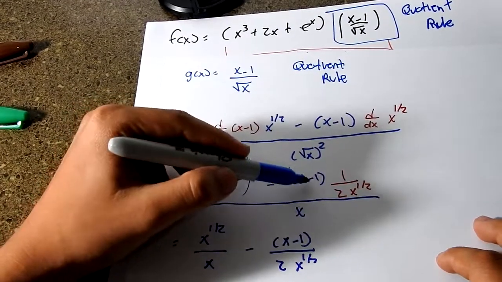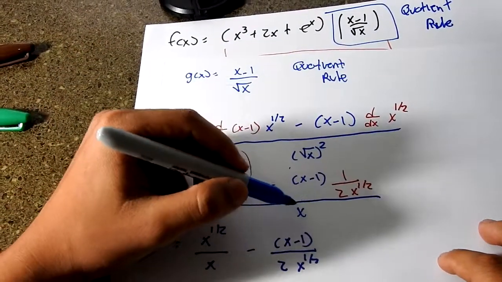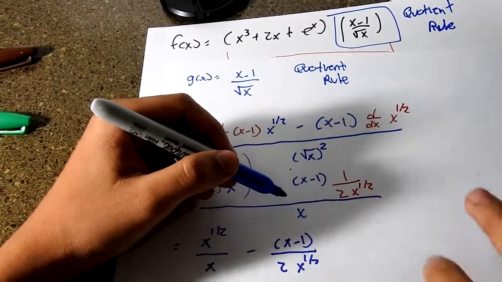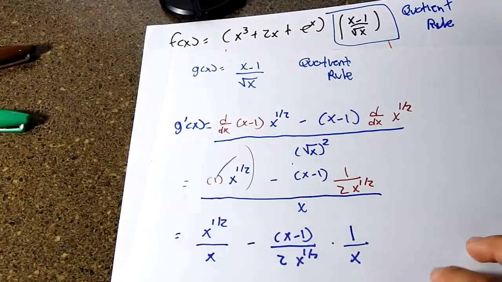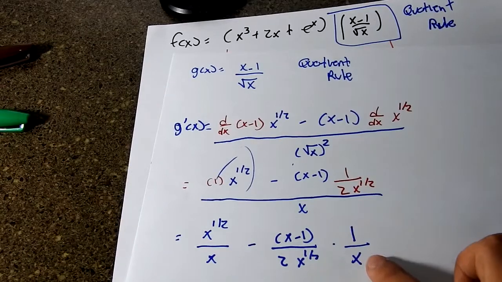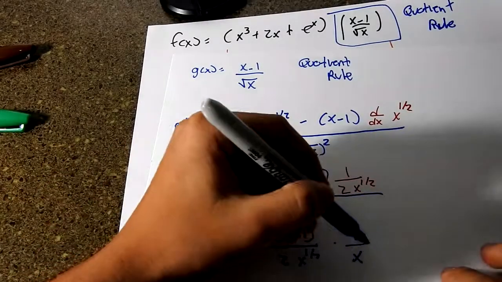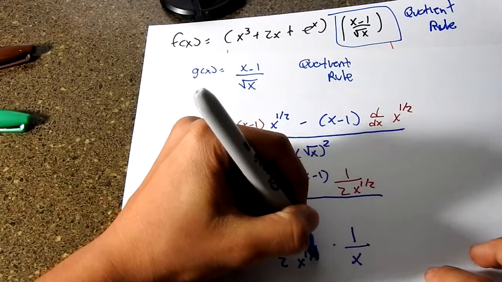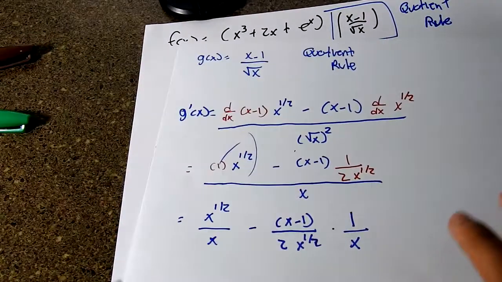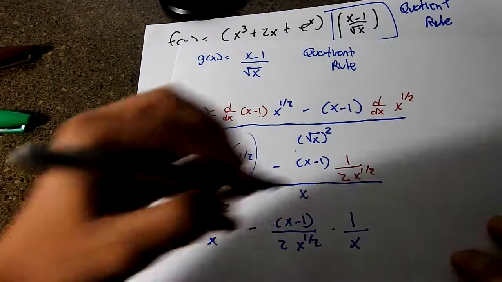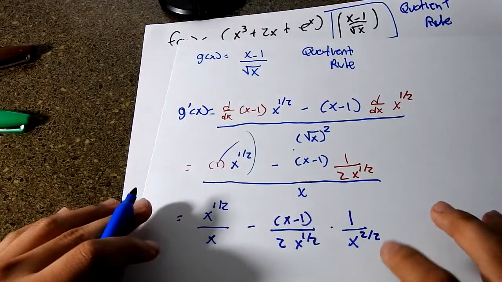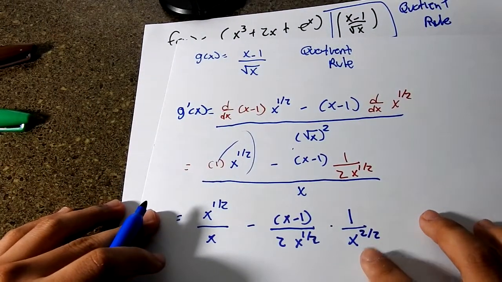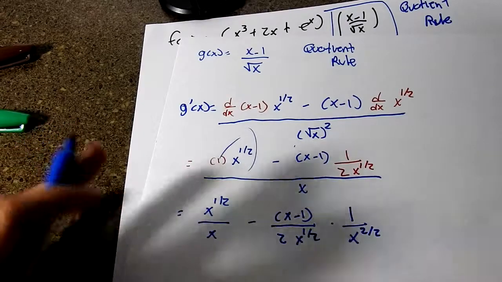I just combine this with this, and since we have x, we flip it, 1 over x. I'm going to rewrite x as x to the 1 power, but since we have x to the 1/2 here, to have it all in the same base and powers, we're going to write it as x to the 2 over 2. It's the same exact thing.